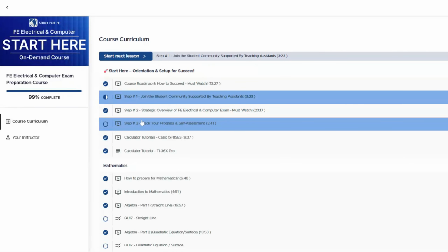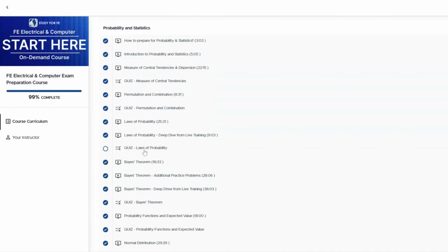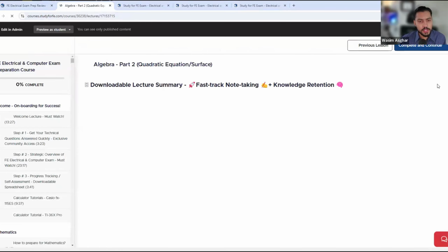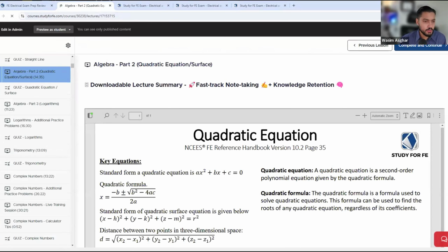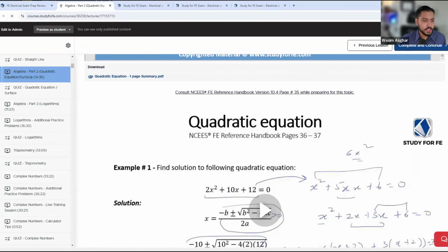This is math. Every single line item, every single topic is broken down, okay? You have multi-part lecture series on algebra, for example. In every lecture, you're going to find a downloadable spreadsheet, a one-pager, that tells you what the most important equations are and the key things that you need to remember.